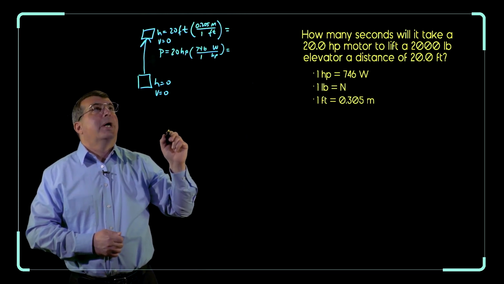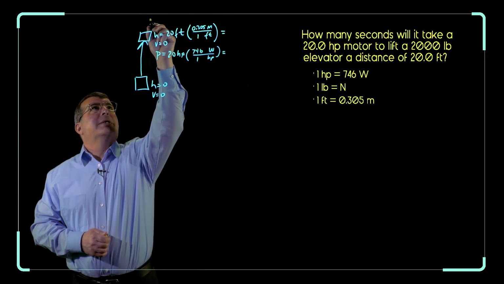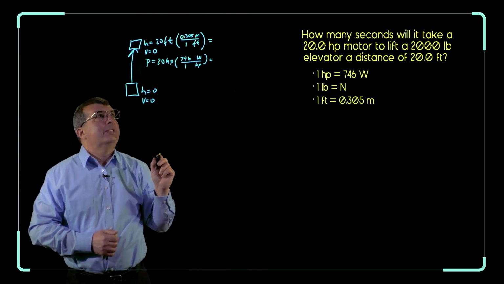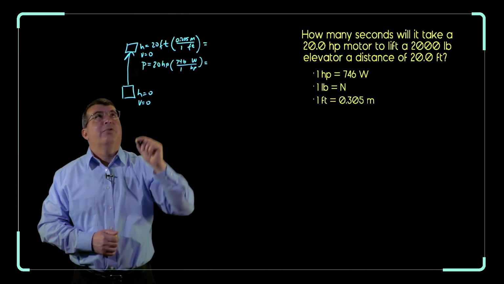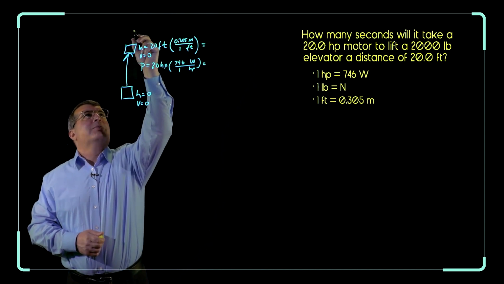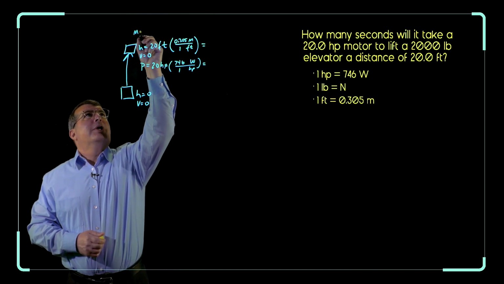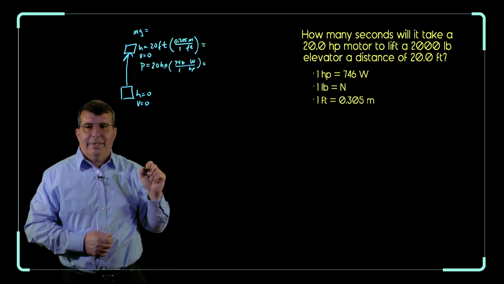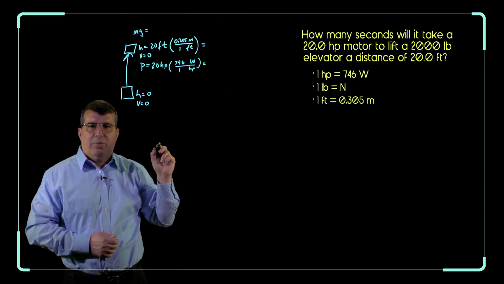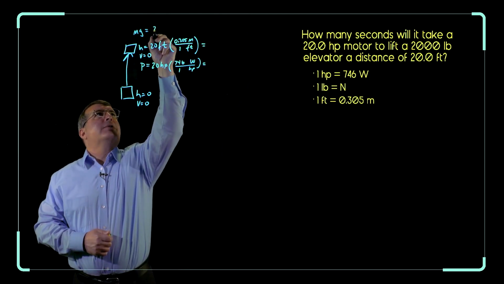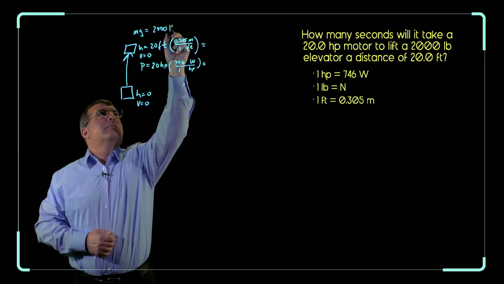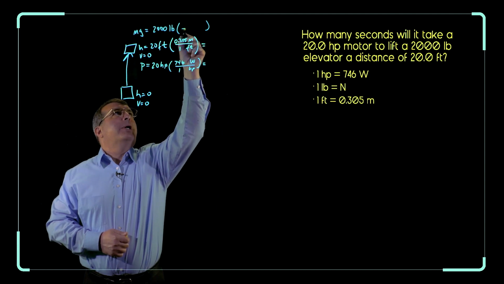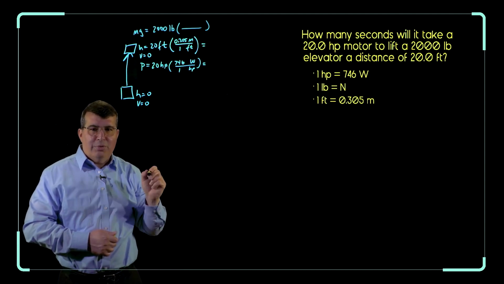And I have the weight, and I'm just going to write mg for weight. I don't want to use W because we're going to use W for work. So mg is the weight, and we know that the weight is 2,000 pounds, which we're going to convert to our metric unit of weight, which is the newton.